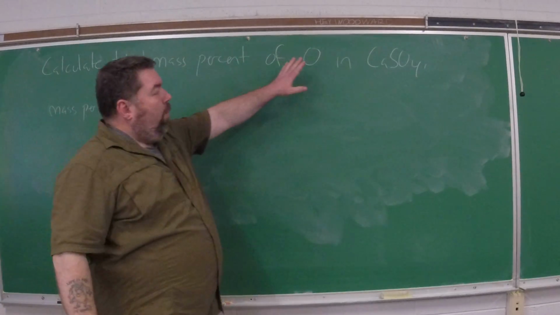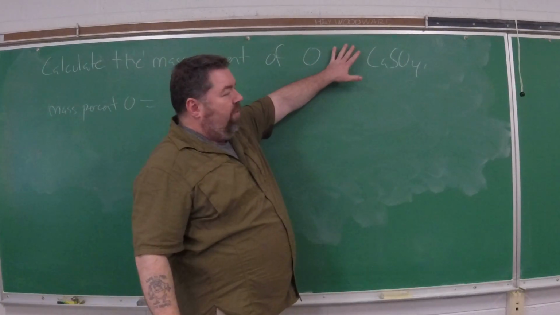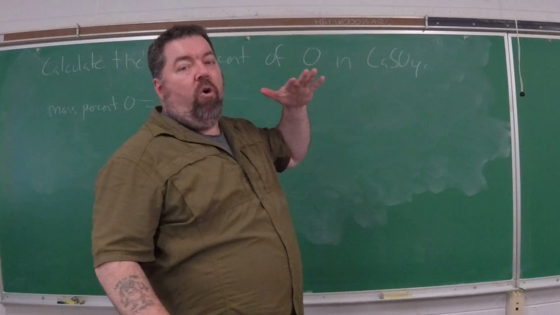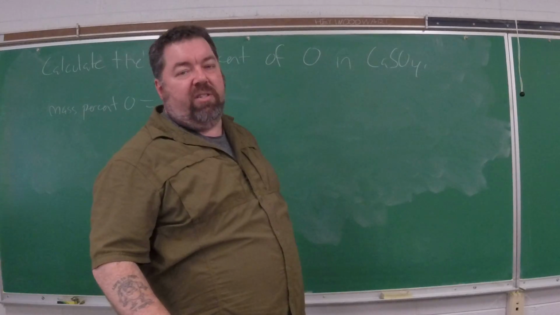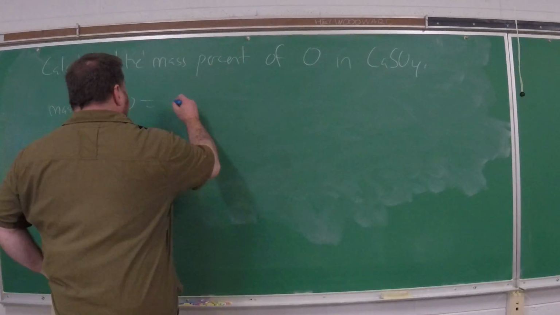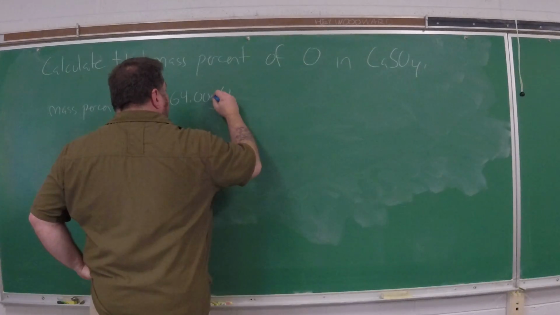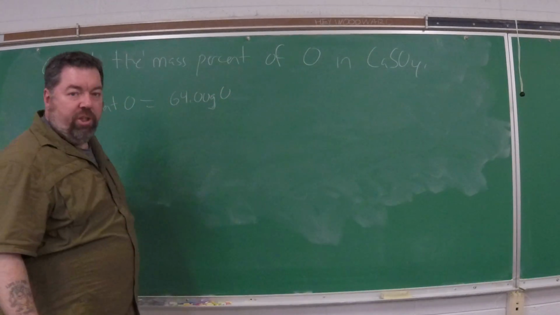We're looking at 1 mole of calcium sulfate. How many moles of oxygen do you have? You have 4, so 4 moles of oxygen, 4 times 16, that'd be 64 grams of oxygen.